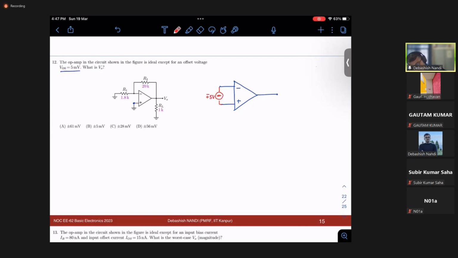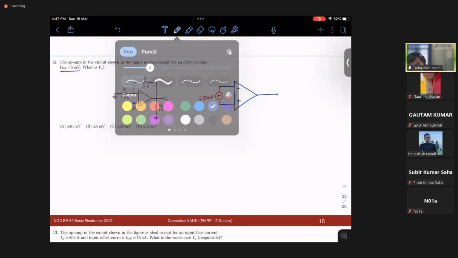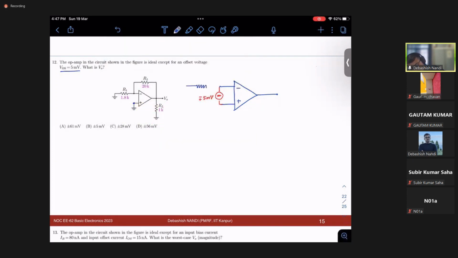Okay, and you have a resistance here. You have a resistance here, and you have a resistance here. 1K. This is 20K. This is 1.8K, and this is grounded. This is grounded.